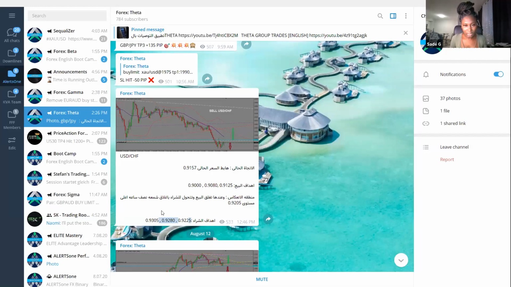So we've done the sell. No, 0.900 is take profit 3. So he's giving it 3, 2, 1. Take profit 1 is 0.9125, and you can see because this is closer to the entry price. So this is literally what? 32 pips. And I just gave you guys the answer. Like I said, you get the eye for it because you're looking at the fourth decimal place.